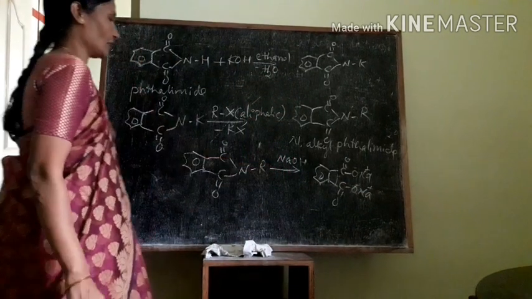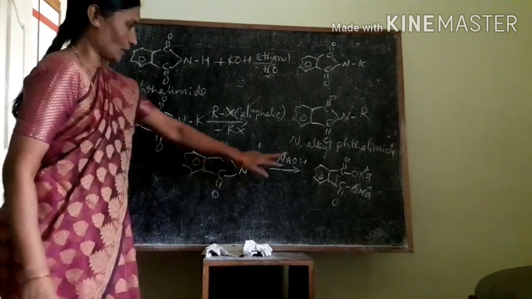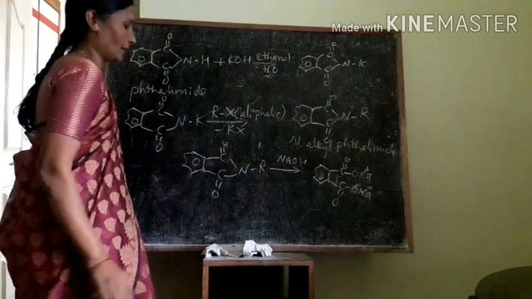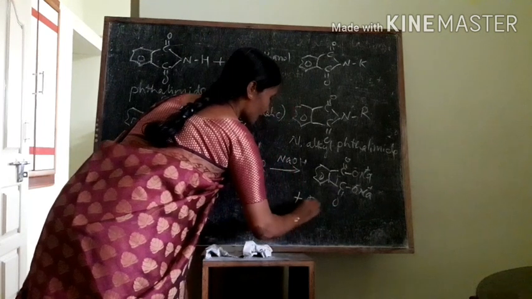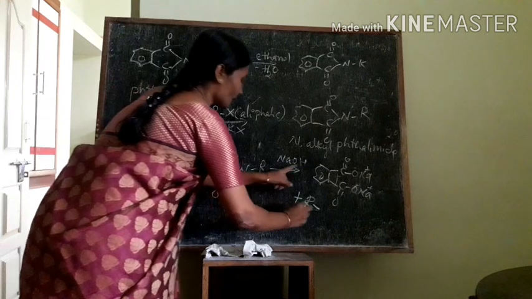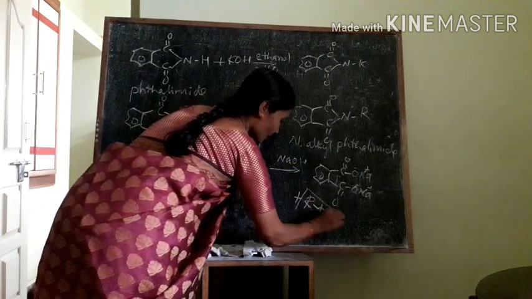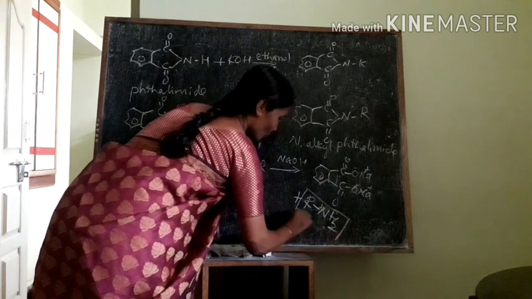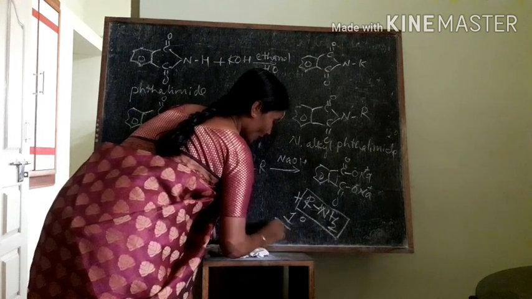After treating with alkali, this N-alkyl phthalimide gives this type of salt, sodium phthalate, and the main product is RNH2. This is said to be a primary aliphatic amine.